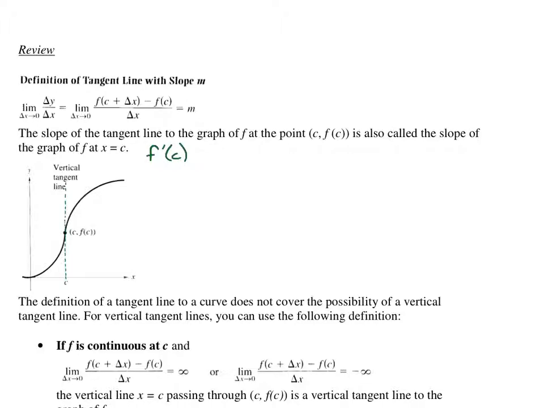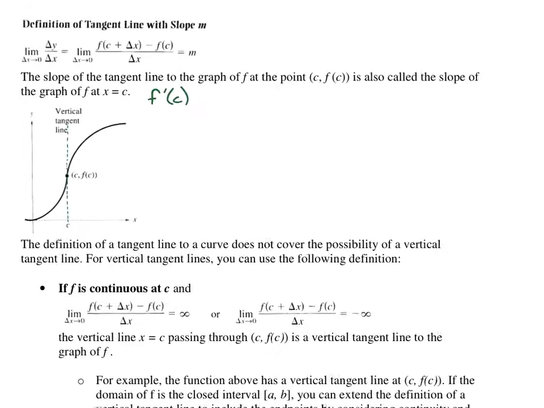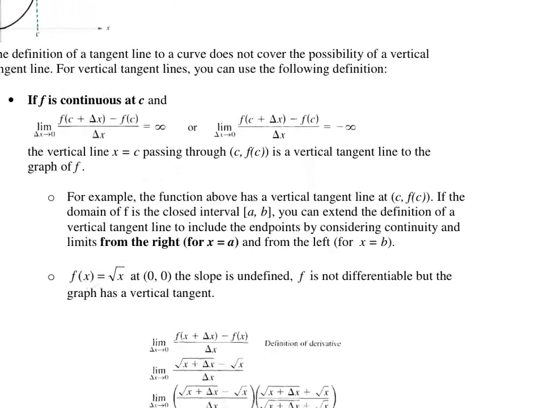Our definition does not cover the possibility of a vertical tangent line. We're going to have to learn things to be able to handle those separately. For vertical ones, we have to use this definition here.